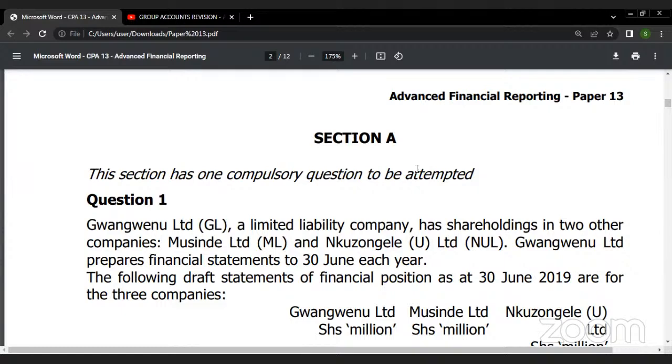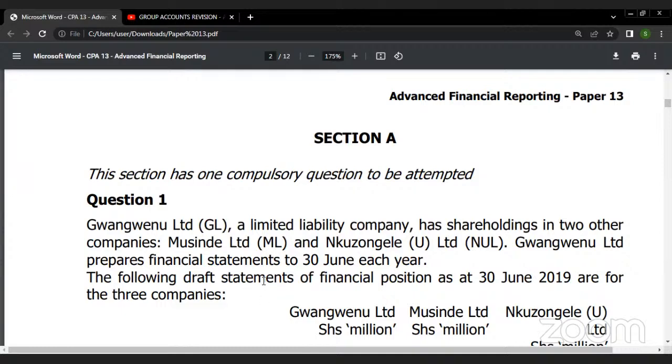They are telling you that GL is a limited company that has shareholdings in 2 other companies, ML as well as NUL. Gwangweno Limited prepares financial statements to 30th June each year. So every 30th June, they prepare their financial statements.